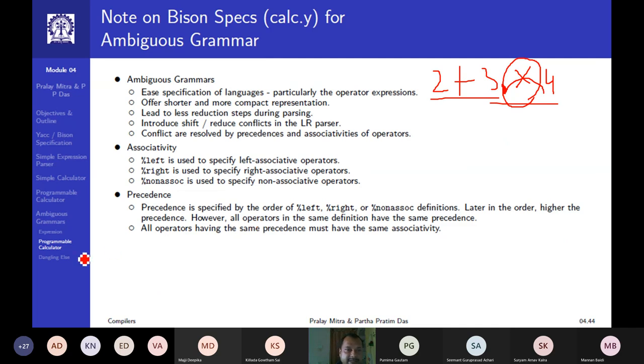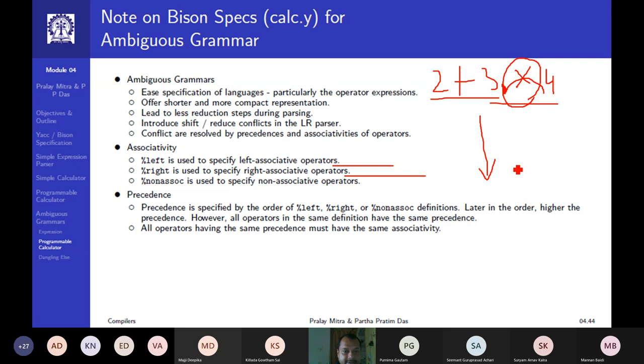And as I mentioned, percent left is used to specify left associative operator. Similarly, percent right is used to specify right associative operators. And if it is without any associativity, then percent nonassoc is used. Also, please remember that precedence is specified by the order of left, right, or non-associative definitions. Later in the order, higher the precedence. Or if I go down, then the precedence increases.